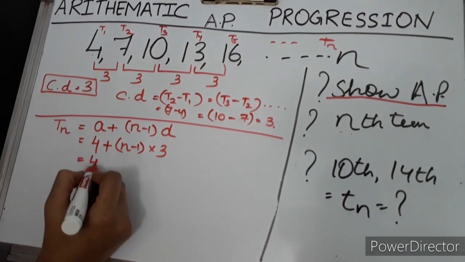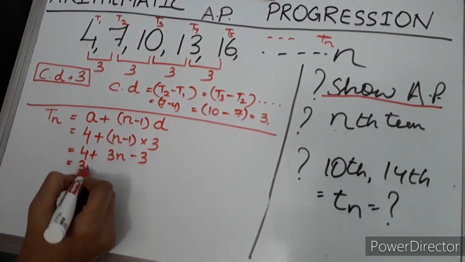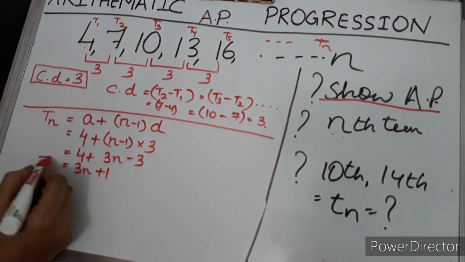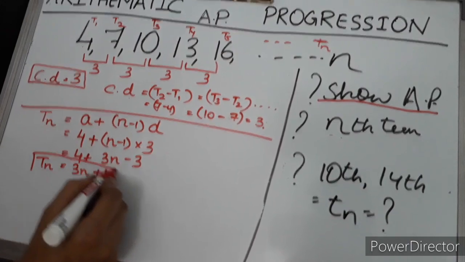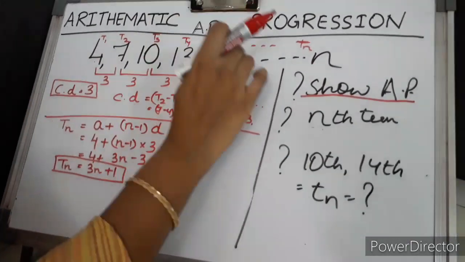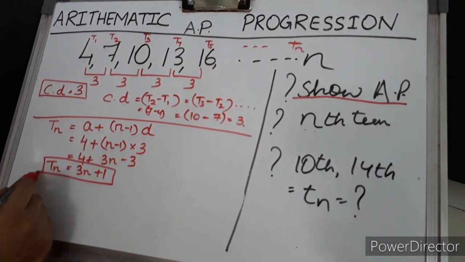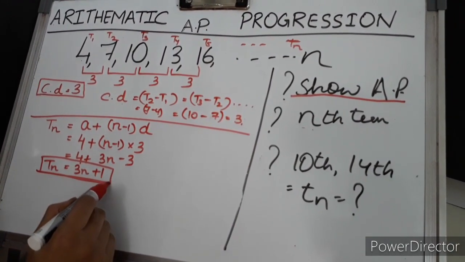So 4 plus 3n minus 3 is equal to 3n plus 1. This is the rule for this AP series. If we have to find any term in it, we can solve it with this formula.